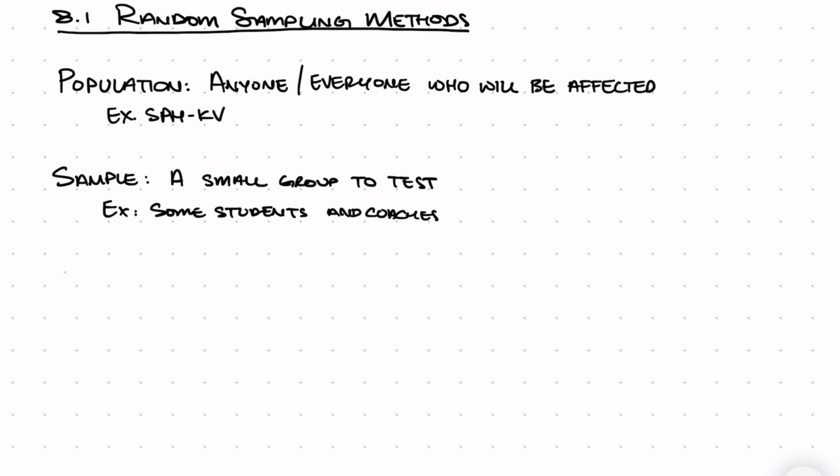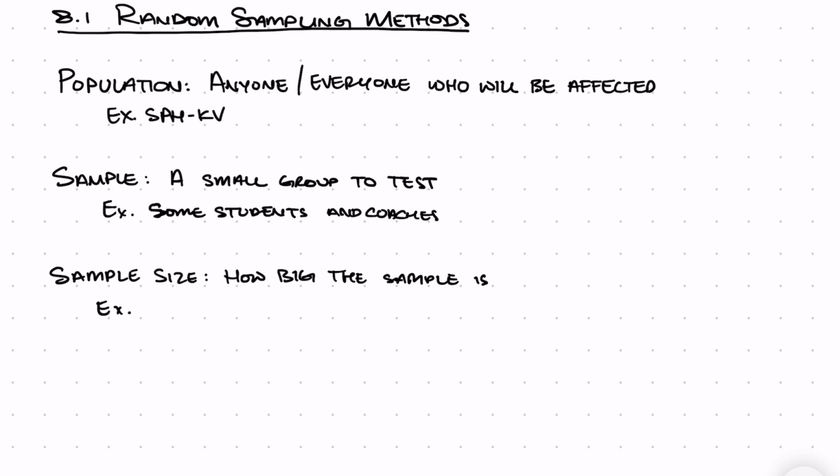And with this, we also have something called a sample size. So you need to decide how many people are enough to test out or to survey, right? So this will be how big the sample is. So let's say for SPH KV, I know that there are about 500 to 600 students.